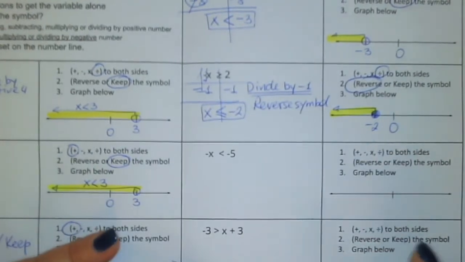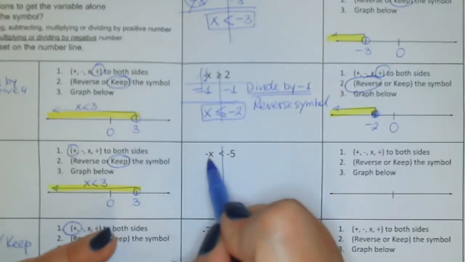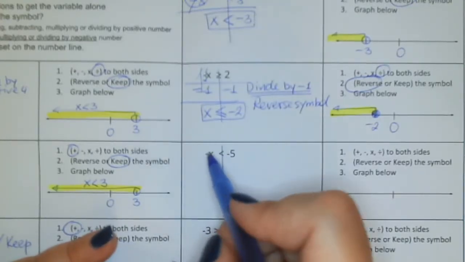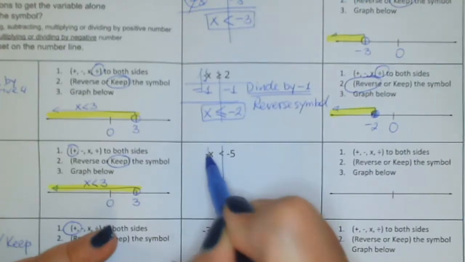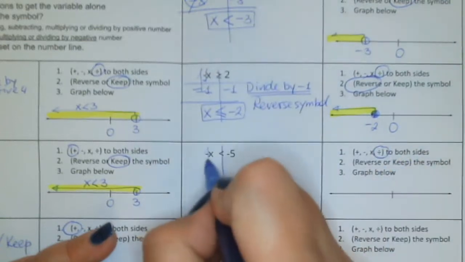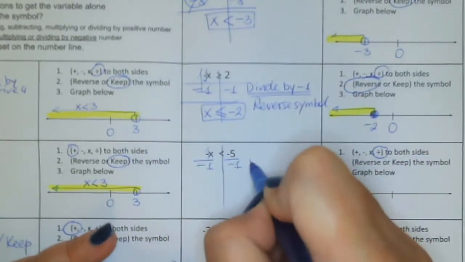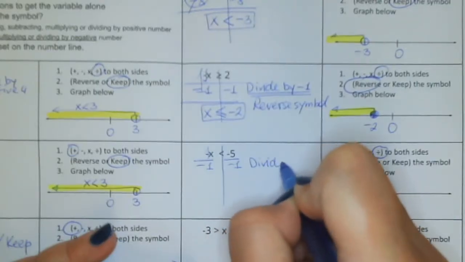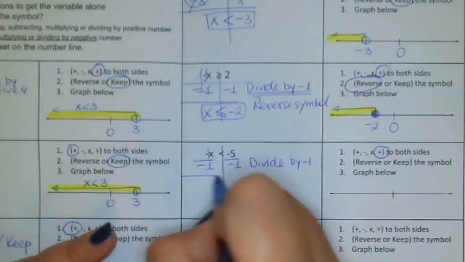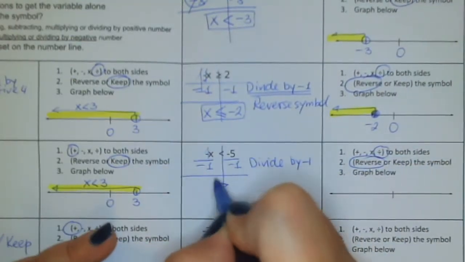Let's reinforce that rule. If you have negative variables, they do not exist. We have negative 1 hidden coefficient multiplied by x. In order to solve, we have to divide by negative 1 and have that x alone. And once we divide by a negative number, we have to reverse the inequality symbol.